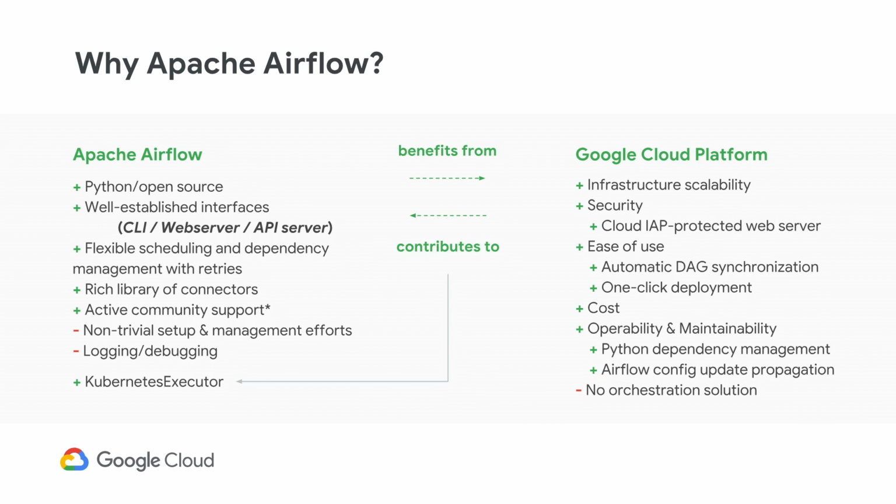Airflow, on the other hand, has really strong workflow orchestration and connectors inside and outside of GCP, description language, defined APIs, and so on. So we wanted to bring them together. But also we wanted to contribute back to the community. And a great example of that is the Kubernetes pod operator, which we'll cover later on in the demo.